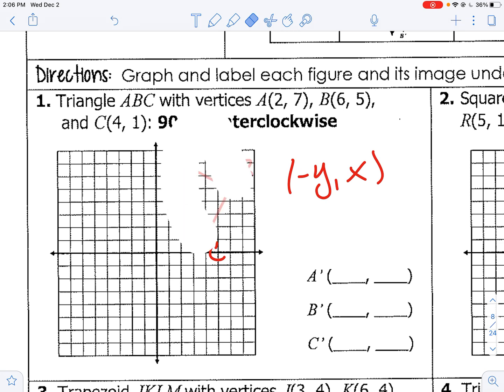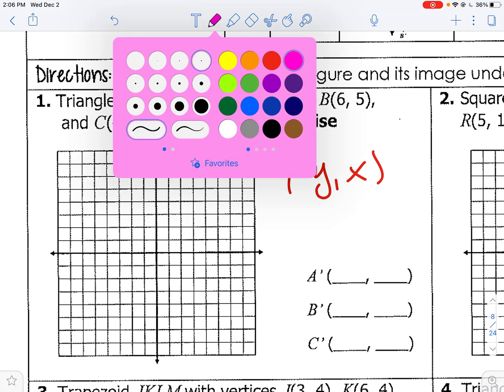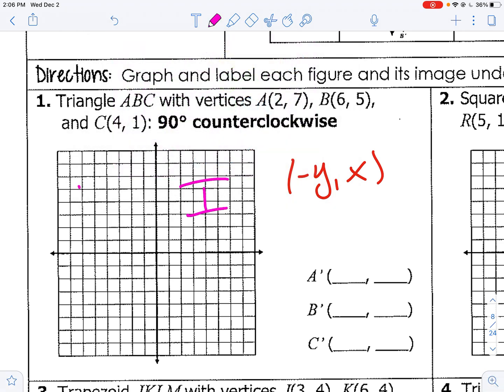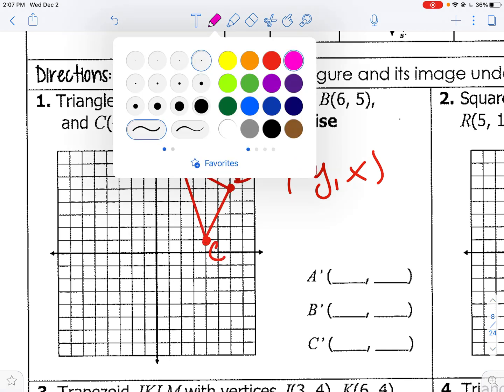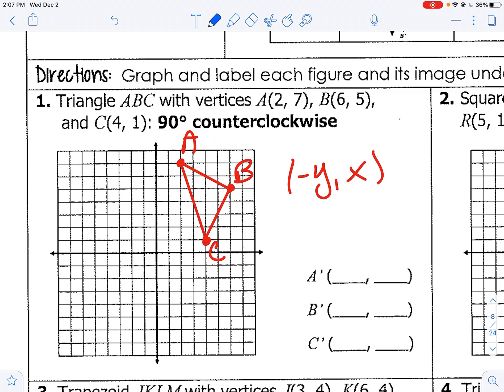You've got quadrant 1, quadrant 2, quadrant 3, quadrant 4. So just like we have our 4 quadrants that are always counterclockwise, we name them counterclockwise, same idea with our rotations. We're going to rotate counterclockwise.